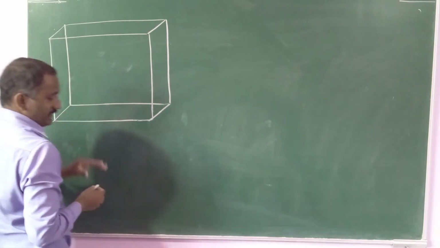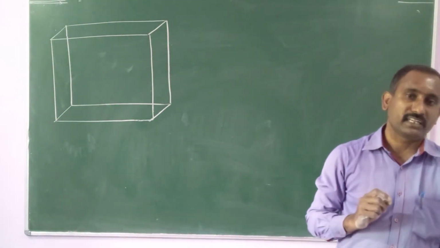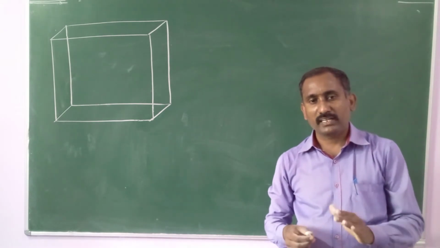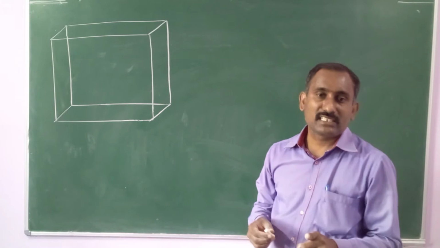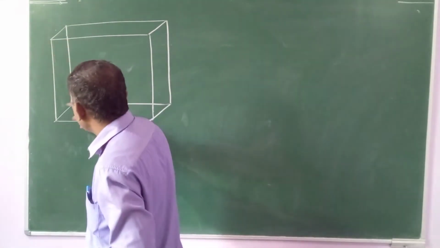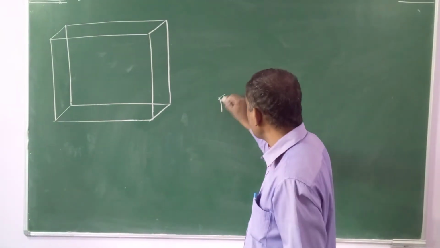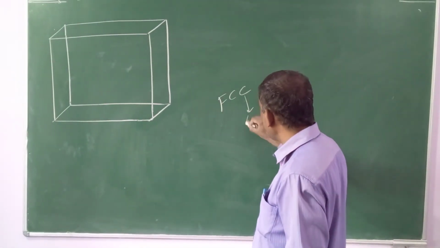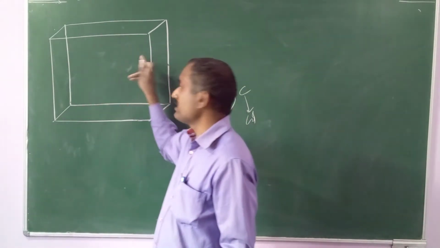Now in FCC, in the beginning we studied location of constituent particles. Whatever may be the type of unit cell, first of all constituent particles are present at corners. Therefore in FCC, 8 particles are present at 8 corners. In addition to corners, FCC means constituent particles present at corners and center of the face. 6 center of the faces.